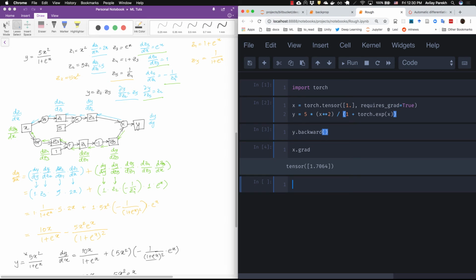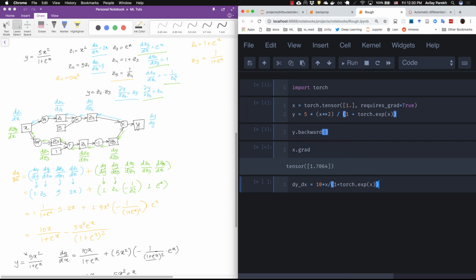Now let's verify that this is indeed true. So I'm going to define another variable dy/dx where we'll set the expression manually. So it is 10 times x divided by 1 plus e to the power x, right?